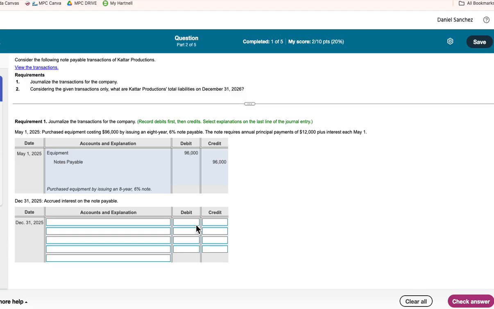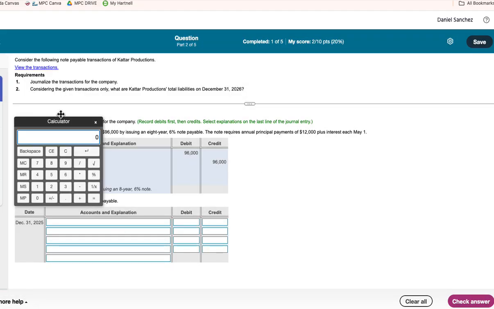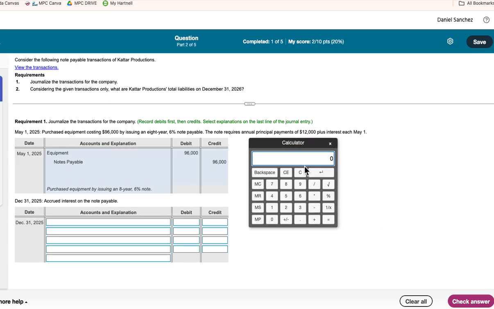So how are we going to figure that out? We are going to go to our calculator. I'm going to take my original note value of 96,000, and then I'm going to multiply that by my percentage rate, 0.06, which equals $5,760.